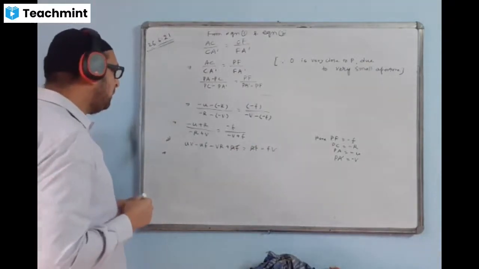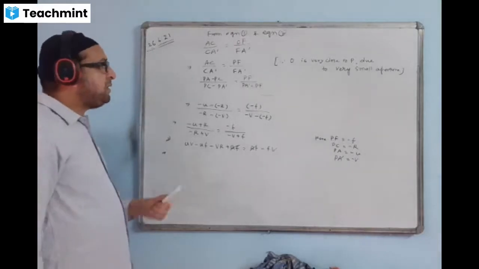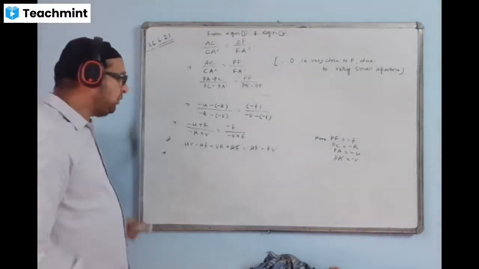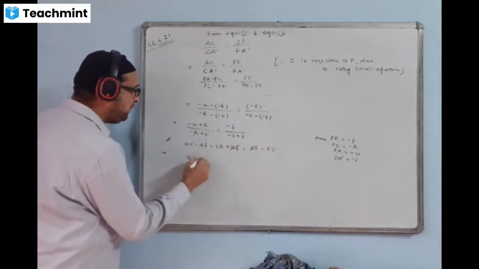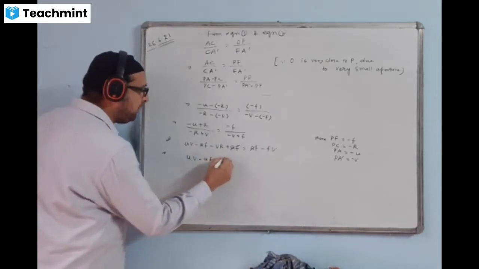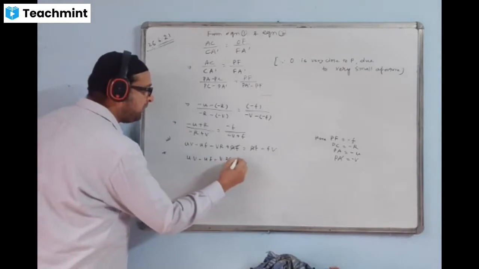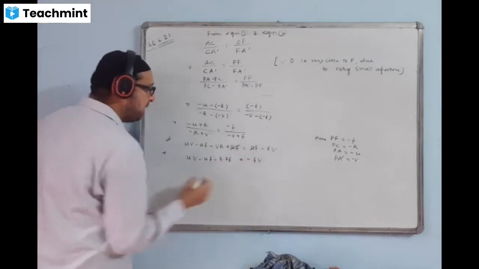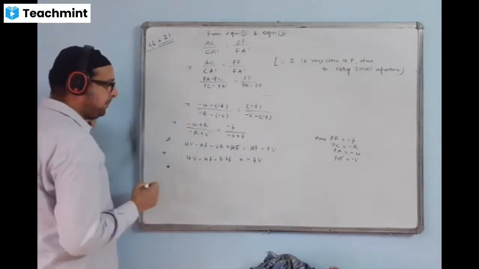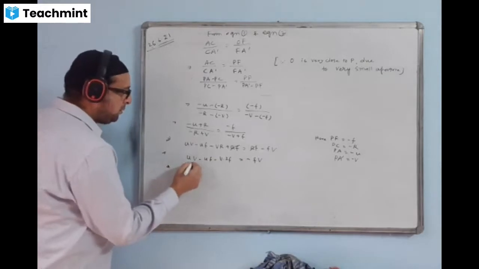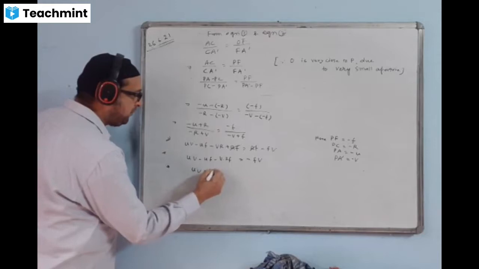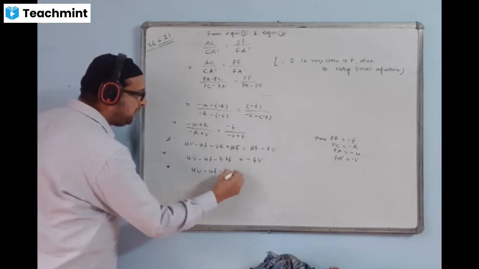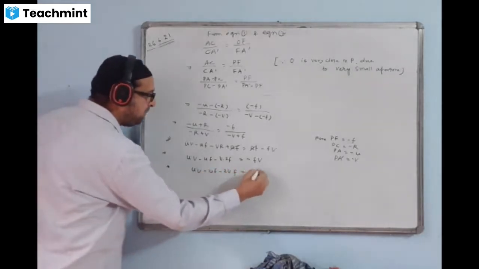Okay. Now this R I will change because we know the formula R is equal to 2F. Let us write instead of R we write 2F. UV minus UF minus V into 2F is equal to minus FV. So you get UV minus UF minus 2VF is equal to minus FV.